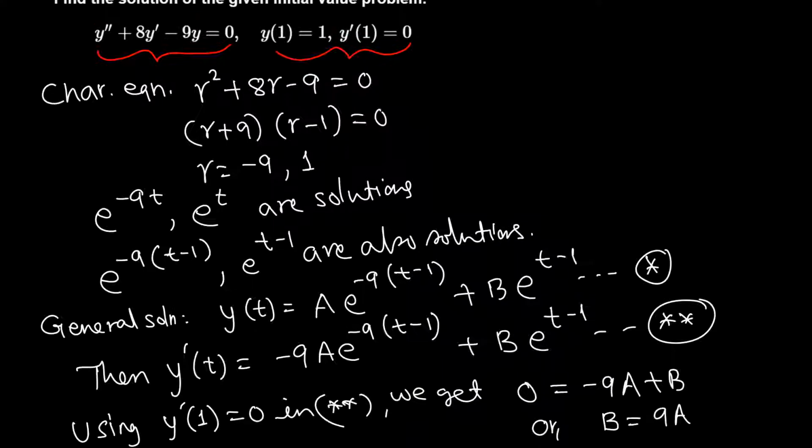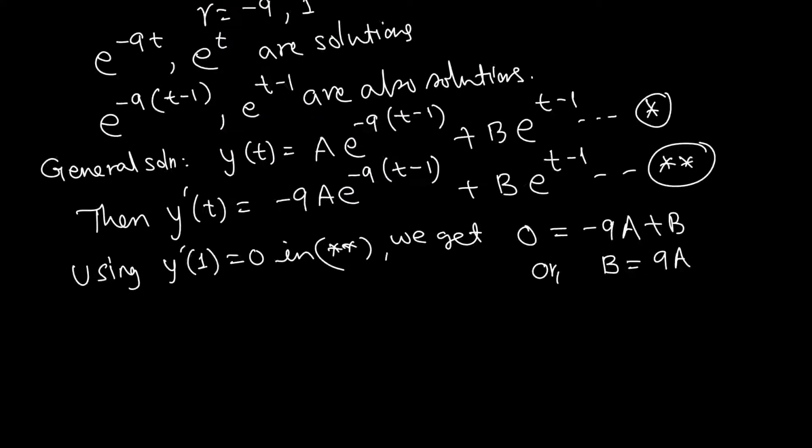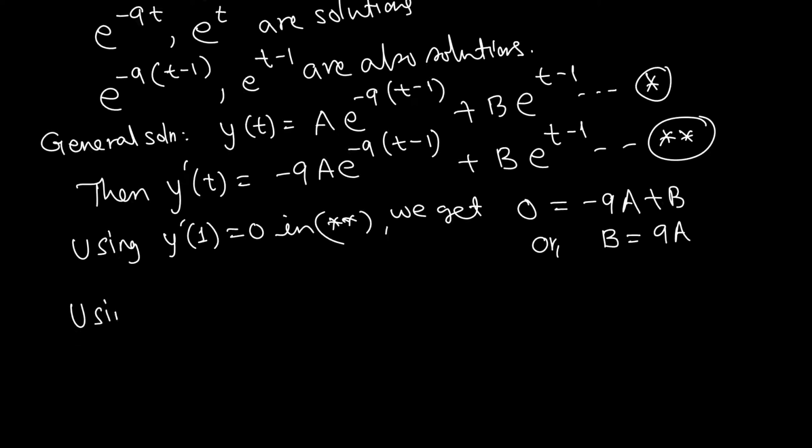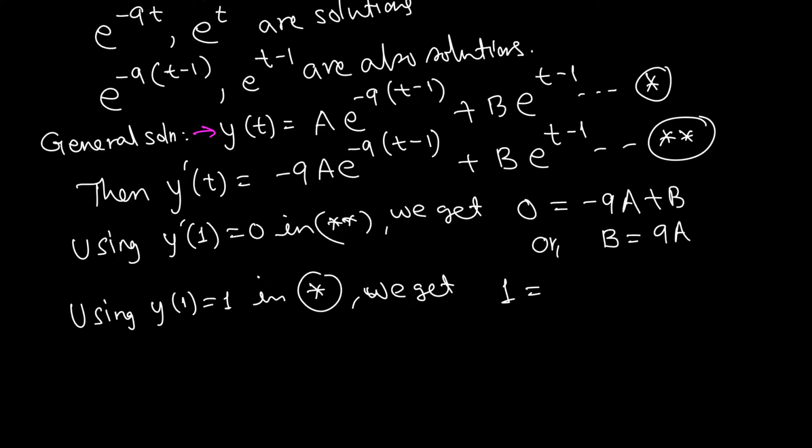Now let's use the first initial condition, which is y at 1 equals 1. Using it in star, y is 1 when t equals 1, so a e raised to 0 is 1, so this is a plus b.